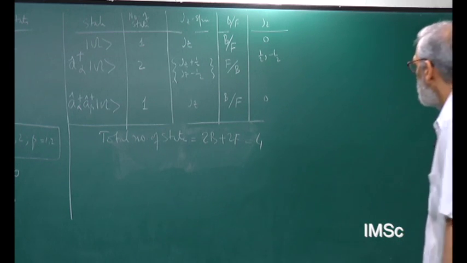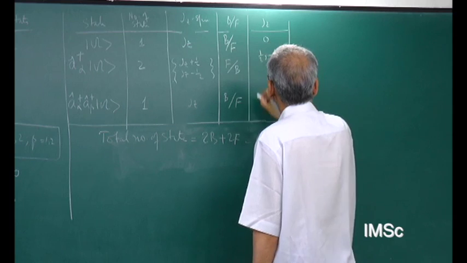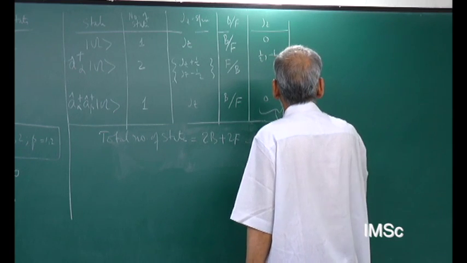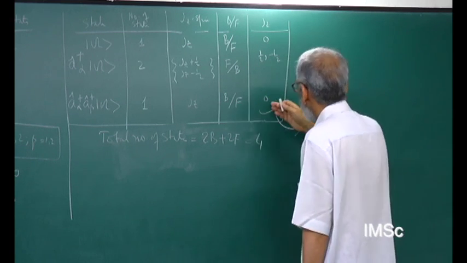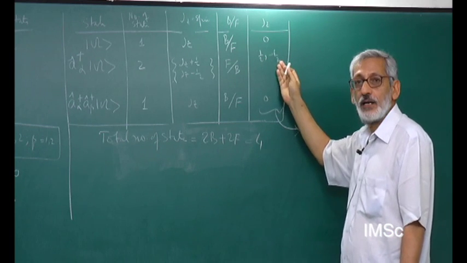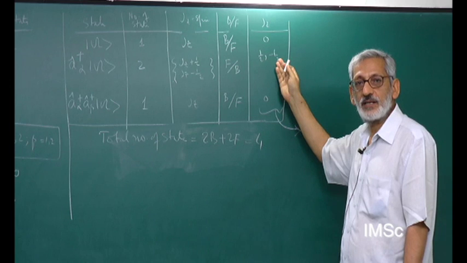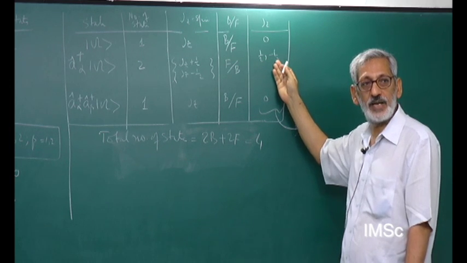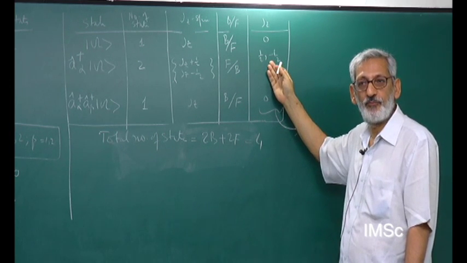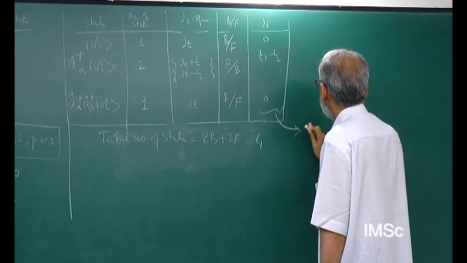So this multiplet is made up of a scalar, and 2 fermions with Jz value plus half and minus half. That makes one Majorana fermion. So it's made up of 2 scalars.